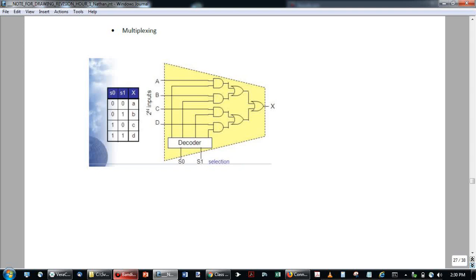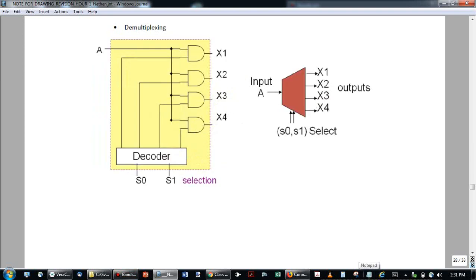So when we have a multiplexer, we have a decoder which takes some selection lines and uncompresses them, and then we have the selection logic which works out what to let through based on the value of the decoder. We also have the idea of a demultiplexer, which is very similar in that you have, in this case, 1 input, and you can choose one of 4 possible outputs to turn on. And again, there's a decoder involved.